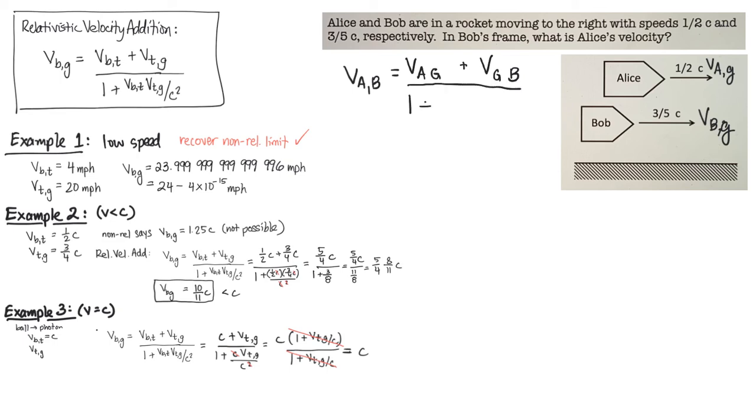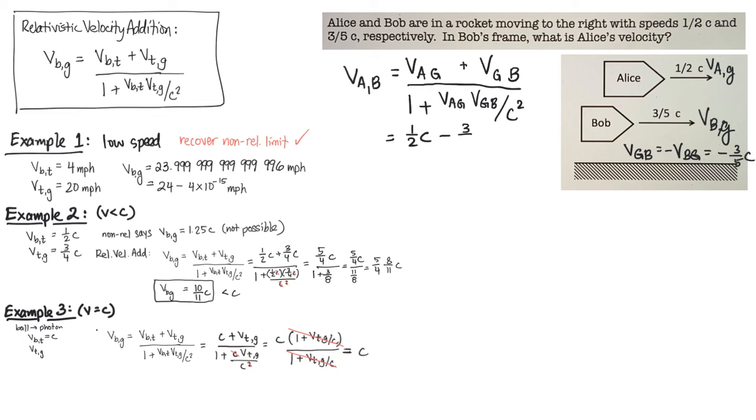And then our denominator is 1 plus those very same velocities multiplied together, divided by the square of the speed of light. Okay, so we have VAG. We know that that is 1/2 c. We do not have VGB, but we know that VGB is minus VBG, which is minus 3/5 c.